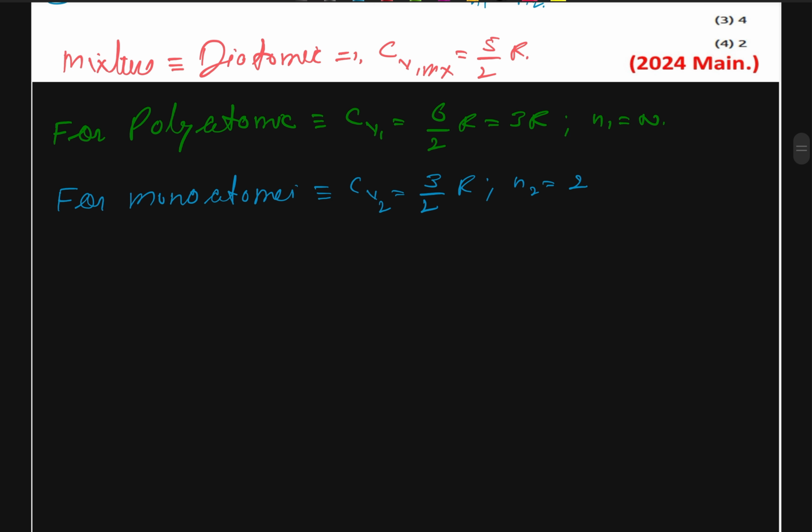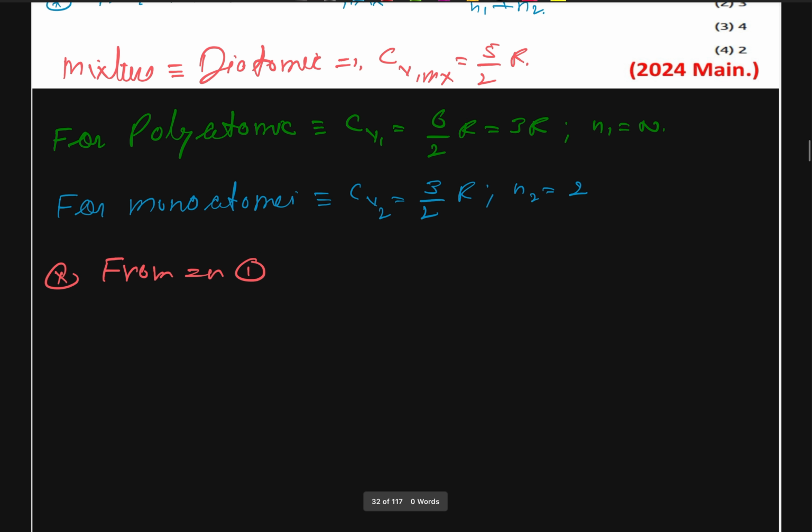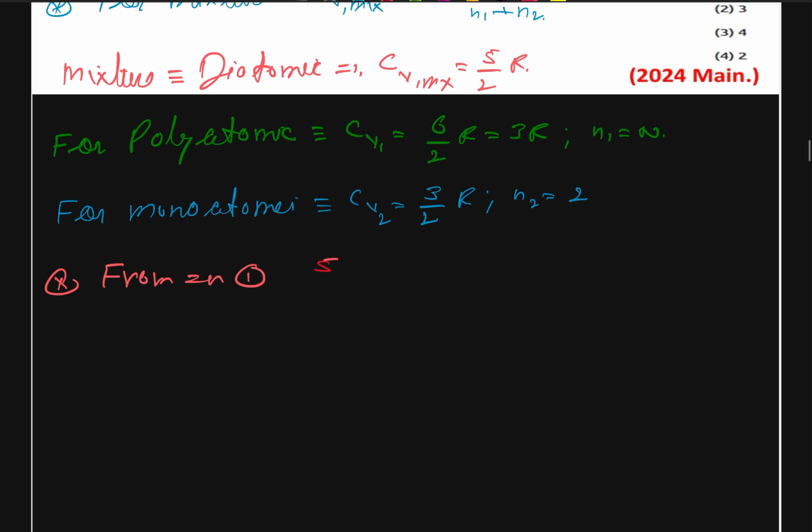From equation 1, Cv of mixture, 5 by 2 times R, is equal to the number of moles N multiplied by 3R plus 2 multiplied by 3 by 2 R, over the total number of moles, N plus 2.